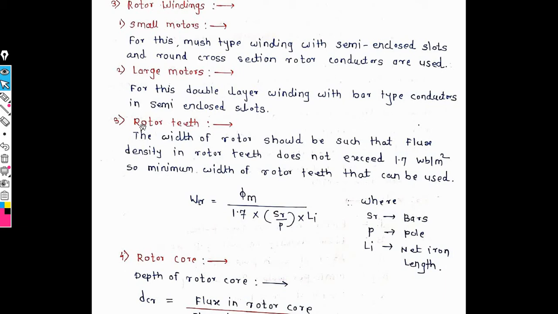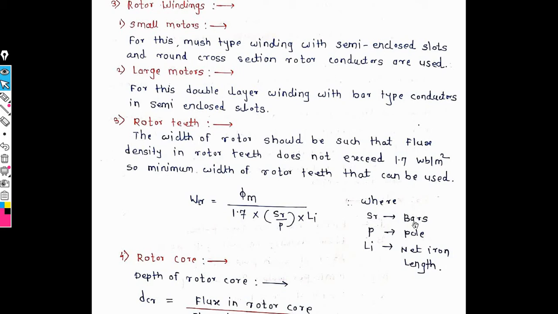Then the third point is rotor teeth. In rotor teeth we need to consider flux density, because if the flux density increases beyond 1.7 Weber per meter squared, the rotor teeth will be damaged. This is the formula for rotor teeth. Width of rotor teeth, WTR, is equal to 5 upon 1.7 into SR upon P into Li.